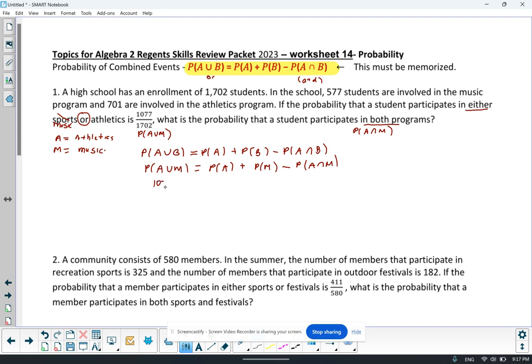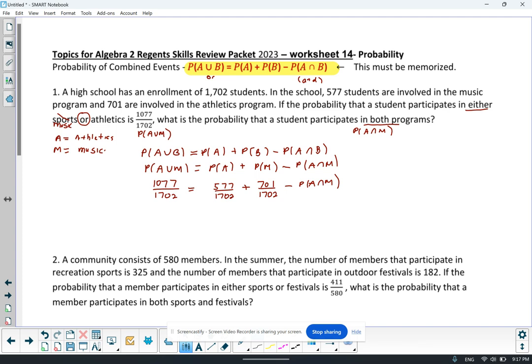So I know this value over here, A or M. I know the probability that someone participates in sports is 577 over 1,702. I know that the probability in music is 701 over 1702 minus what I'm looking for.